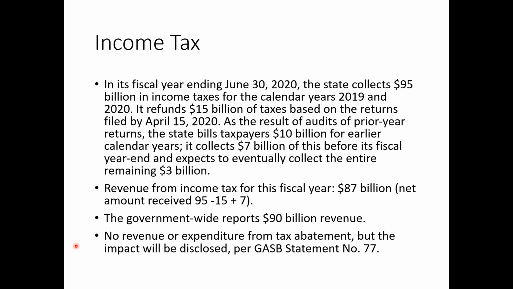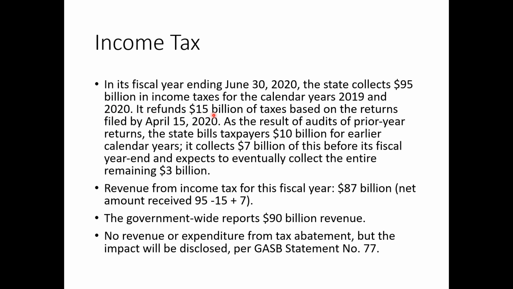Income tax. Income tax is another derived tax revenue. So let's see this example. In its fiscal year ending June 30th, 2020, the state collects 95 billion in income taxes for the calendar years 2019 and 2020.